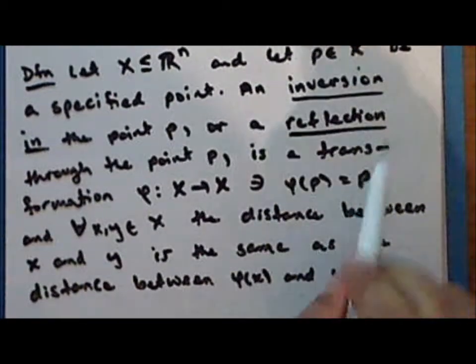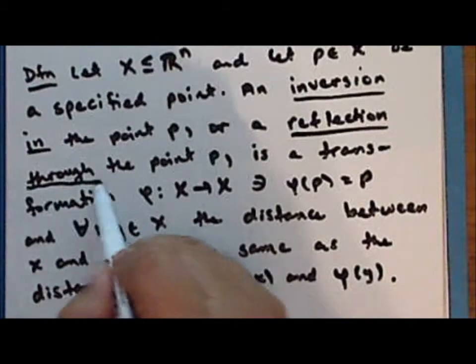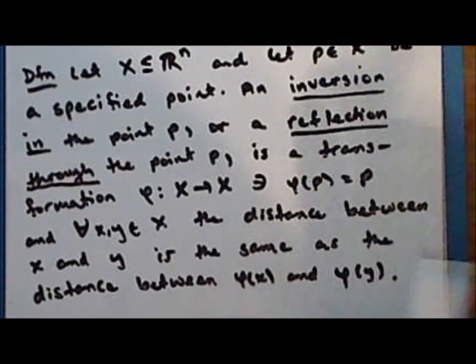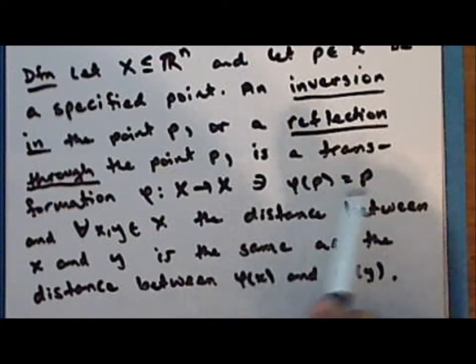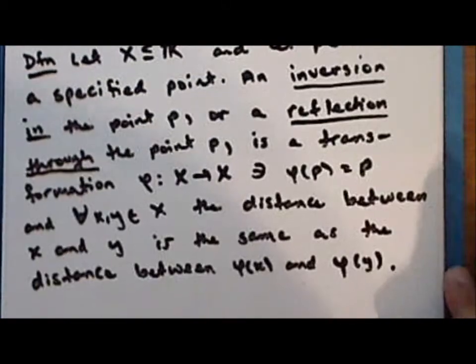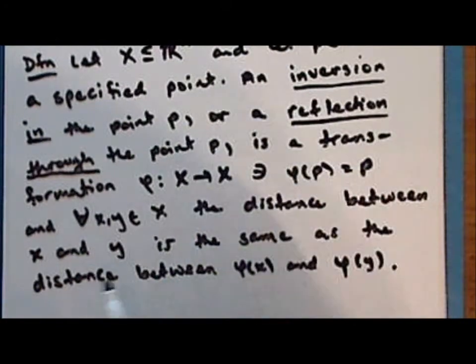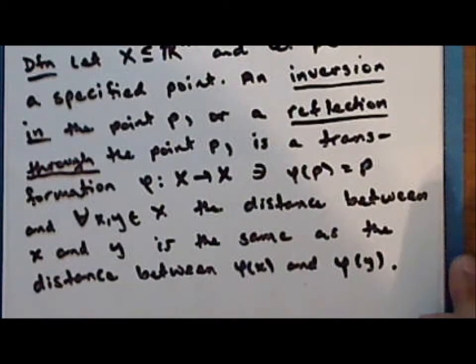And so an inversion in a point P, or reflection through the point P, is an isometric transformation that leaves the point P fixed. So notice that in this abstract definition of inversion in a point or reflection through a point, the identity map qualifies as a reflection through the point.